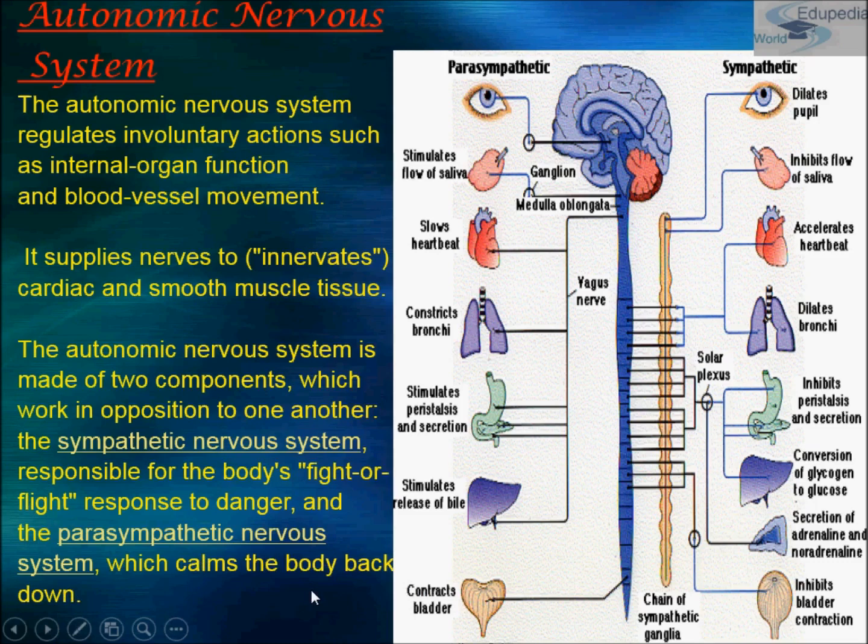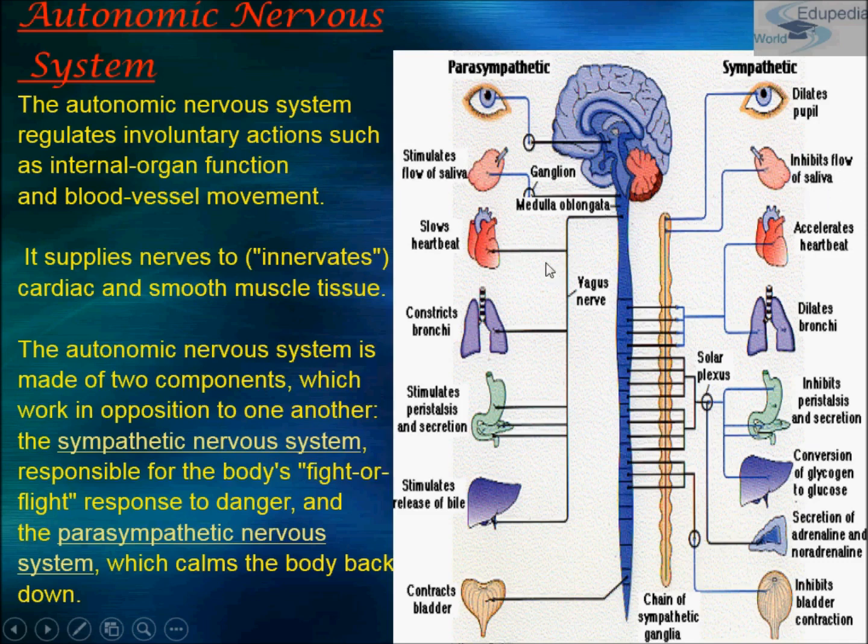So this is your parasympathetic nervous system, and this is your sympathetic nervous system, which are the two parts of your autonomic nervous system. The parasympathetic nervous system stimulates the flow of saliva, whereas the sympathetic inhibits the flow of saliva.